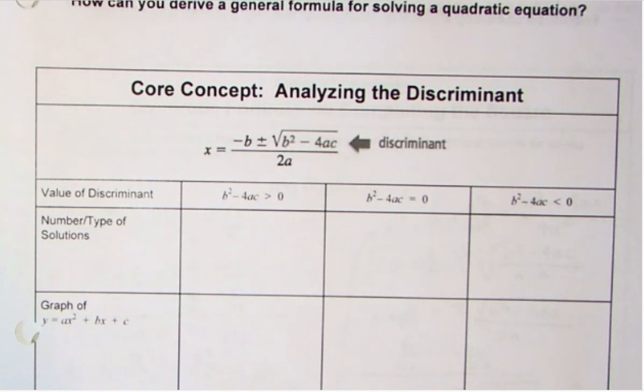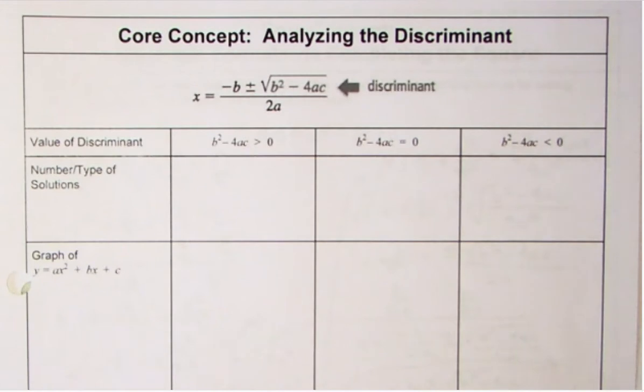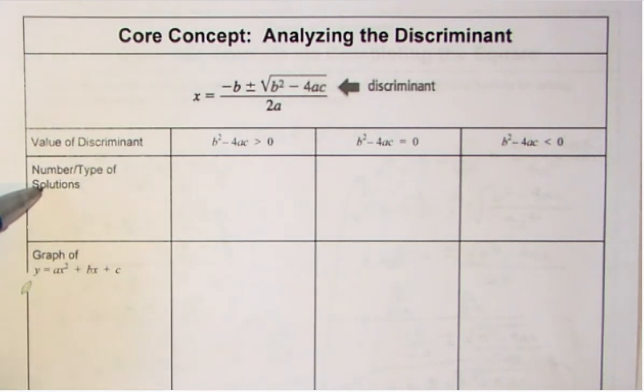So I'm all discombobulated, but hopefully I will be organized enough to talk to you about this core concept, which is all about analyzing the discriminant. By just working with the discriminant, we can decide how many solutions we can have for our quadratic equation.